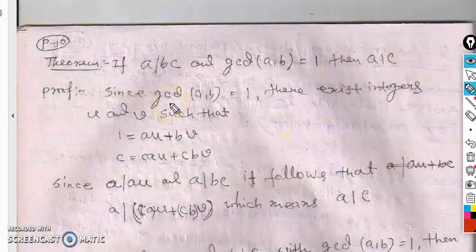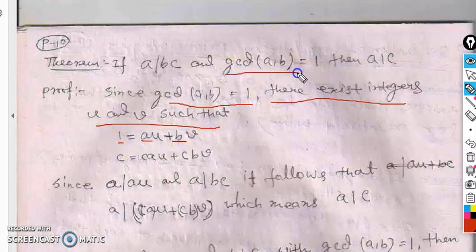Now we move to the proof section. It is given that the GCD of A comma B is 1. There exist integers u and v such that 1 can be written as AU plus BV. Because the GCD of A comma B is 1, you can easily write 1 as a linear combination of these two numbers A and B with some integers, AU plus BV.